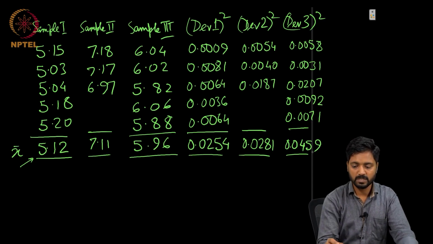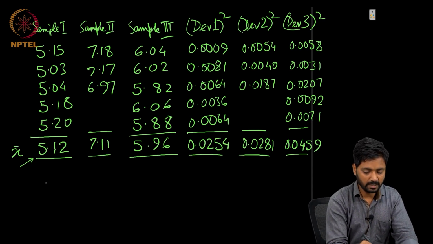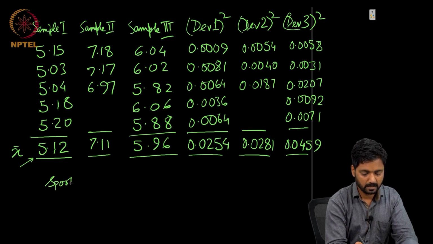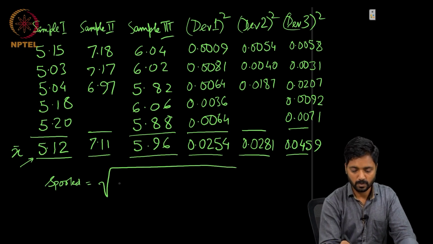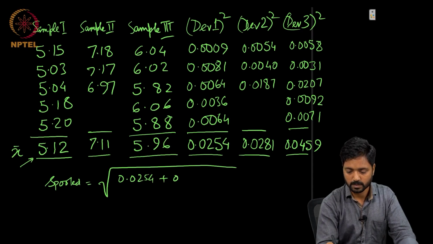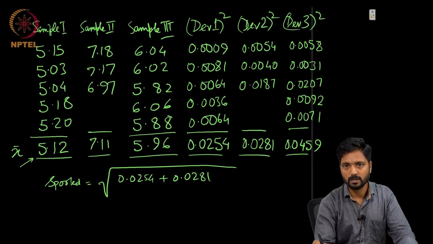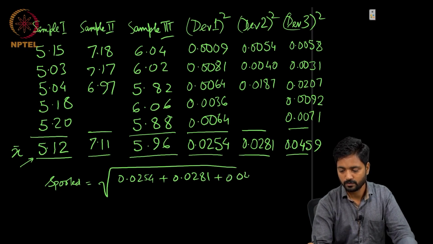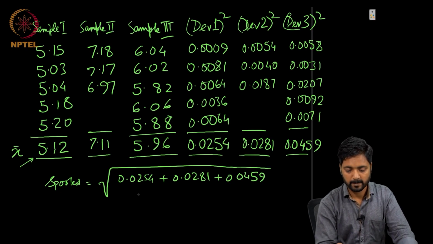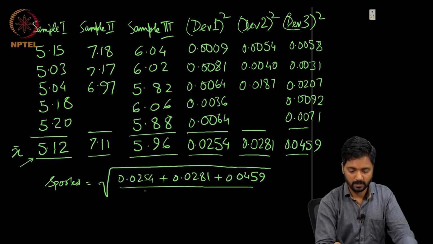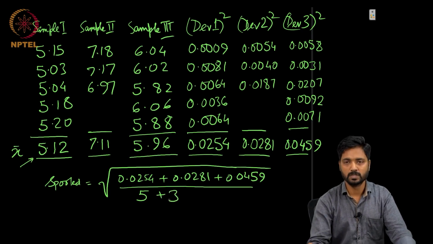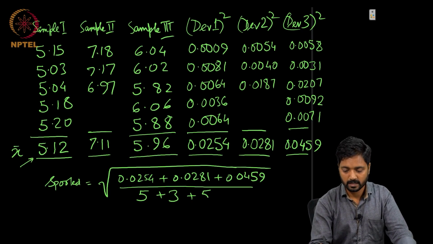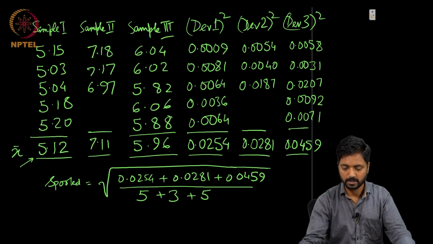Now from these values we calculate the S pooled as the square root of 0.0254 plus 0.0281 plus 0.0459, this divided by 5 readings for sample 1, 3 readings for sample 2, and again 5 readings for sample 3.